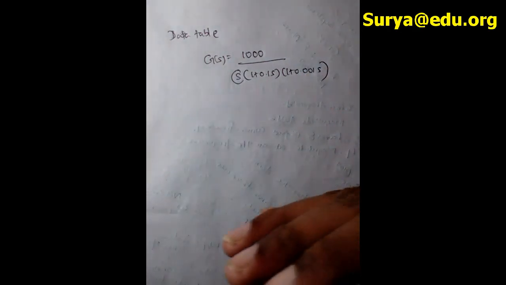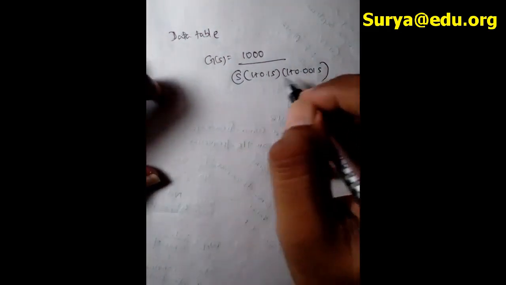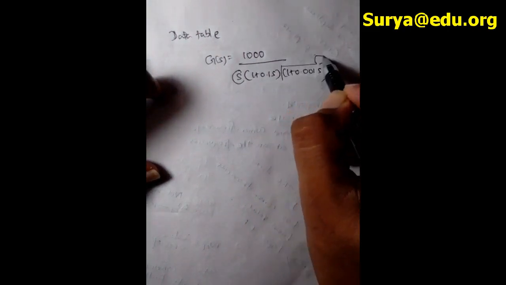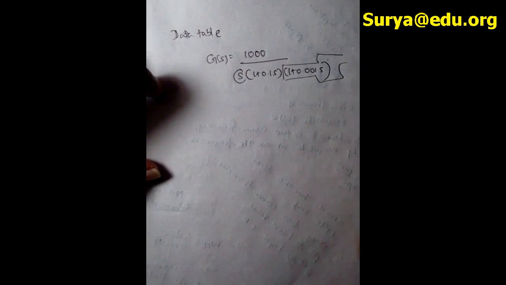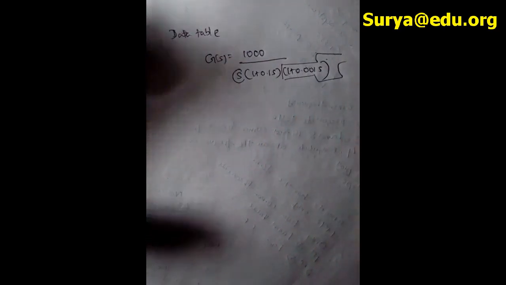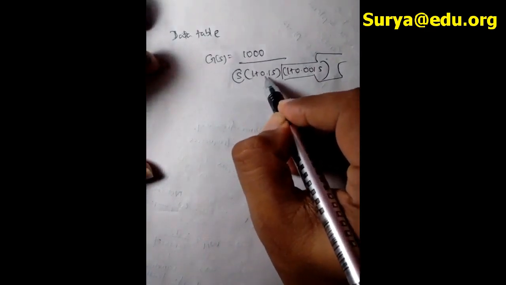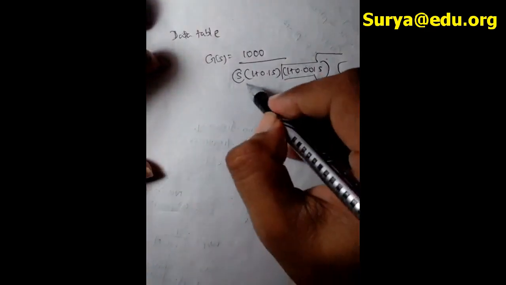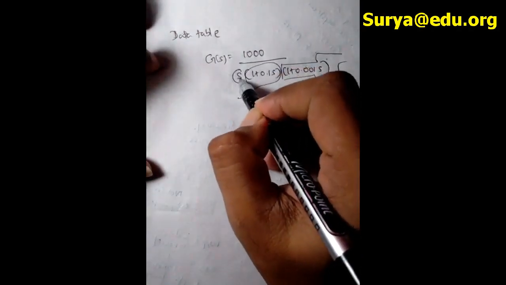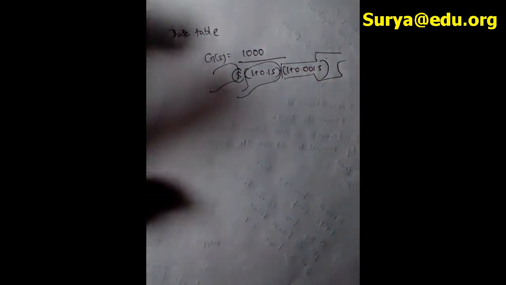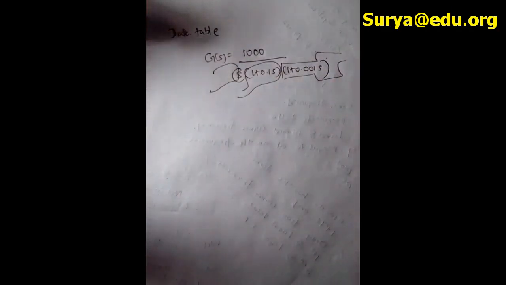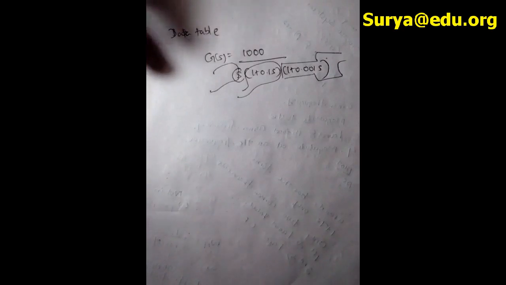If you do the categorization like that, you can consider this part, 1 plus 0.001s, as one category, and then 1 plus 0.1s as another category, and then you can consider this s as another category. So basically we have three components.